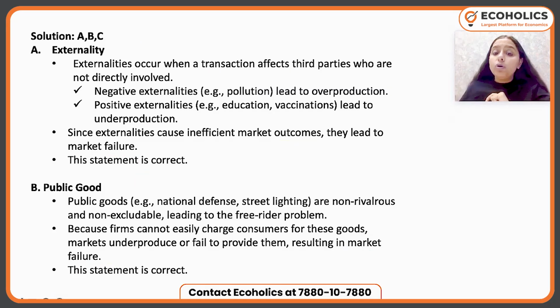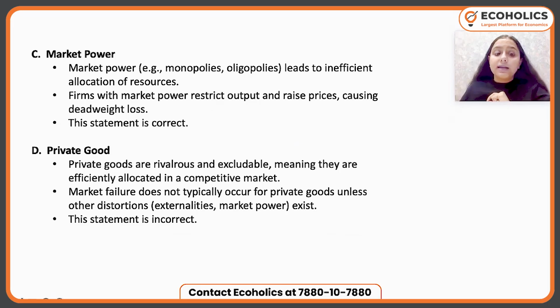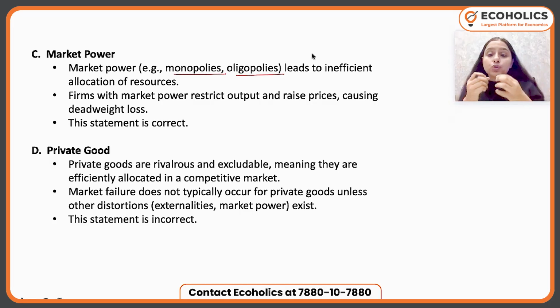Now, what about the next option they gave us? That is market power. So, market power means monopoly, oligopoly. This is very obvious that in case of monopoly or oligopoly, we are always having inefficient market outcomes. Because, for example, if we talk about monopoly, the resources are getting together in the hands of a few people. So those are holding fewer resources, and in turn they can charge higher prices.